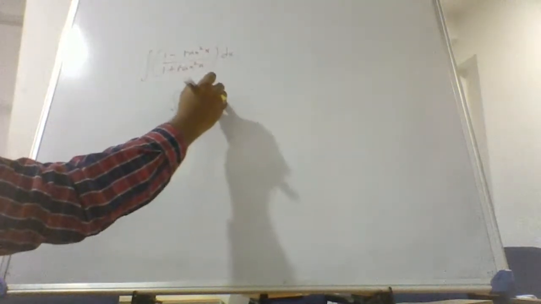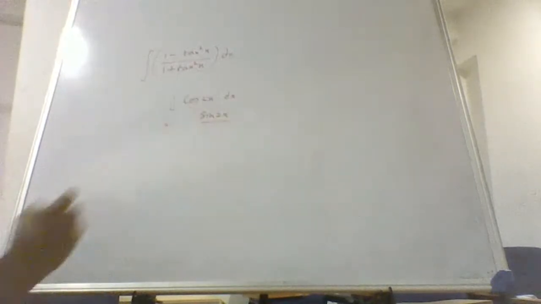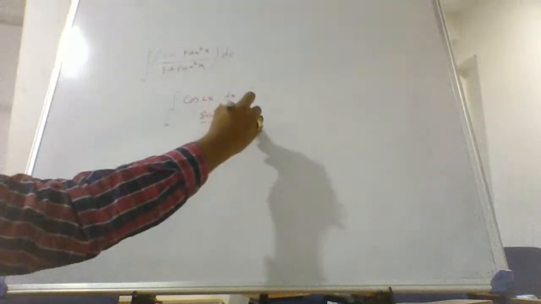Let us try to solve this problem. Now this will be cos 2x, so you have the integral of cos 2x dx. The integral of this will be sine 2x, and dividing by the derivative of 2x, which is 2, plus c. So that will be the solution.